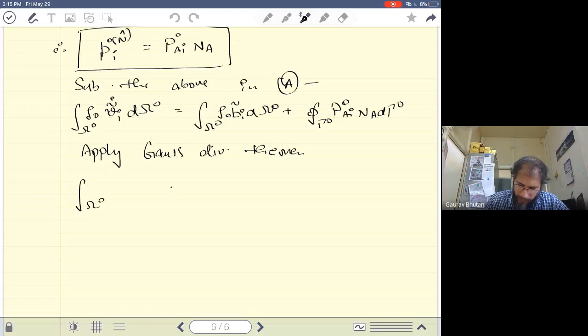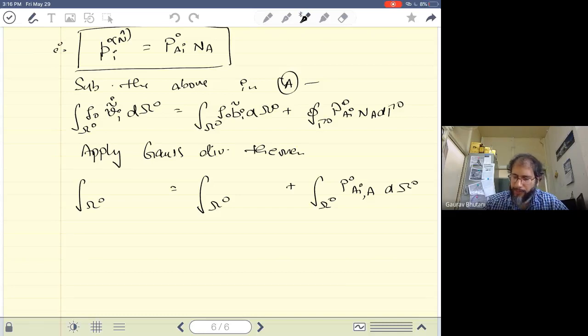The first two terms remain as they are, and the third term now also gets the integral on the volume omega naught, and then we have P naught AI comma A d omega naught. Right, that's using the Gauss divergence theorem. Since we had the normal NA, we define PAI comma A.